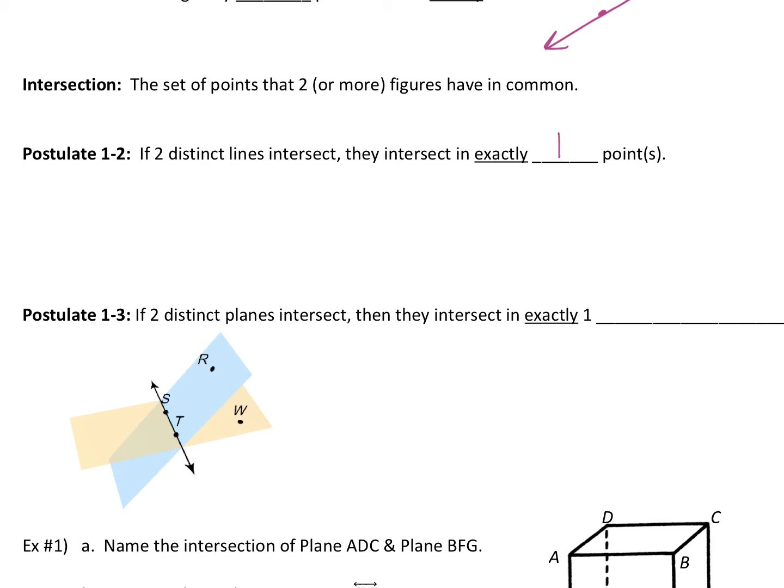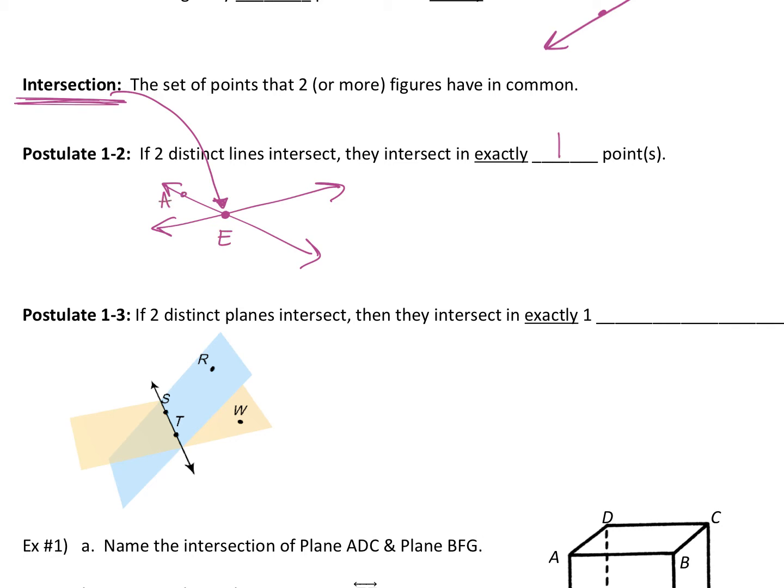There is one point that they have in common. And that's what we're looking for. What do they have in common? If I draw a line here and a line here, their intersection is right here. Does that make sense? 1 point. Where they meet is 1 point. They intersect. We'll call this point E.